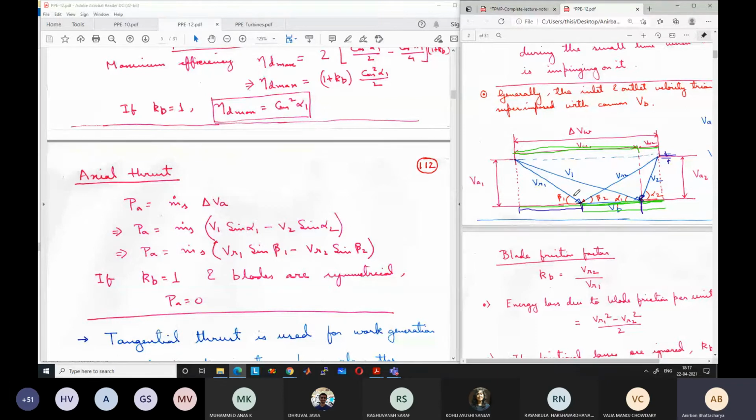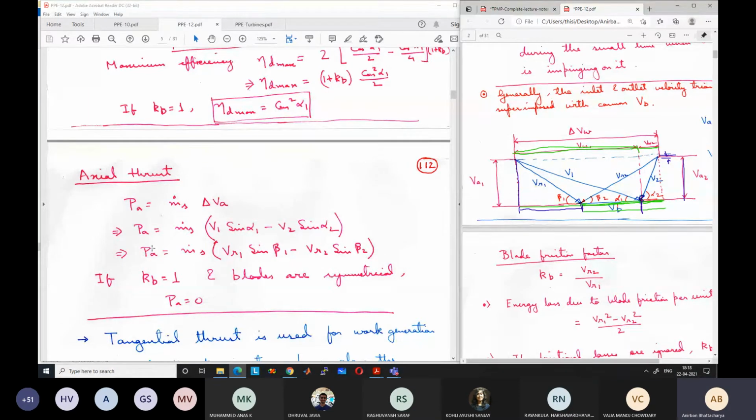So m dot s into VR1 sine beta 1 minus VR2 sine beta 2. If KB is equal to 1 and beta 1 is equal to beta 2, VR1 sine beta 1 equals VR2 sine beta 2 and Pa is equal to 0. However, if KB is less than 1, VR2 will be slightly less than VR1 and we will have a slightly positive value of Pa. Having a value of Pa is actually harmful.